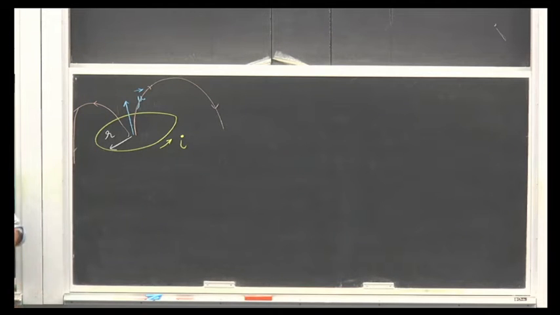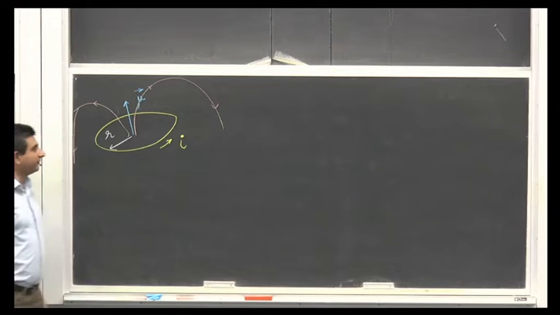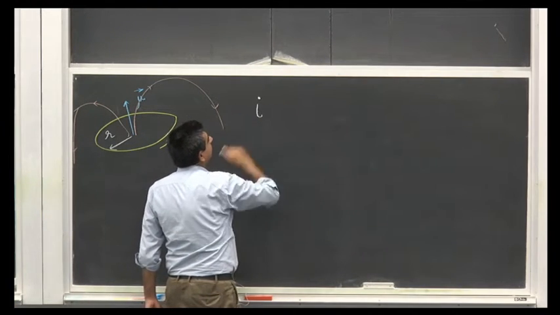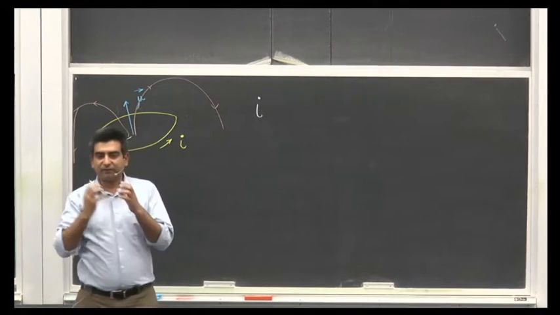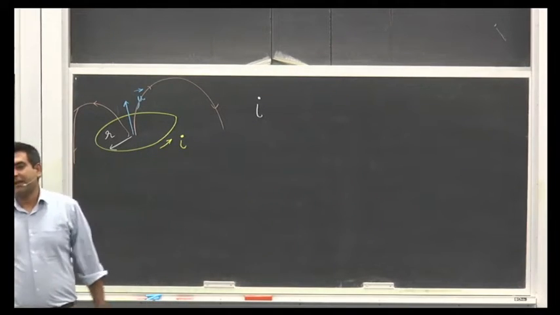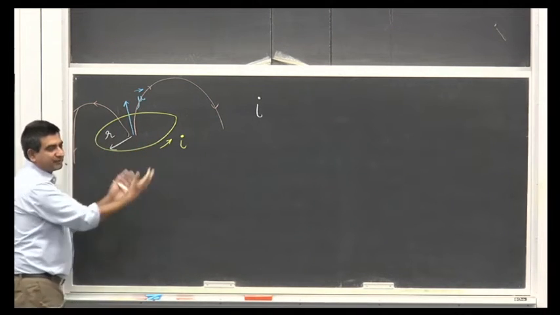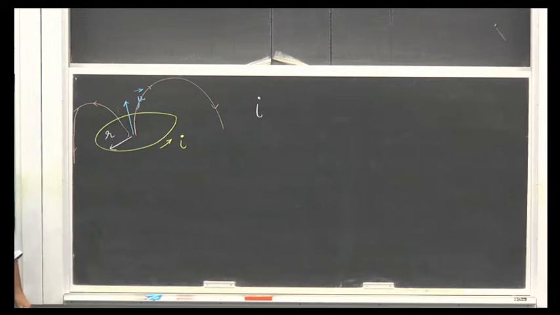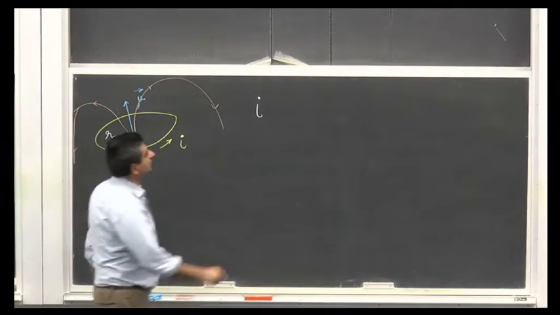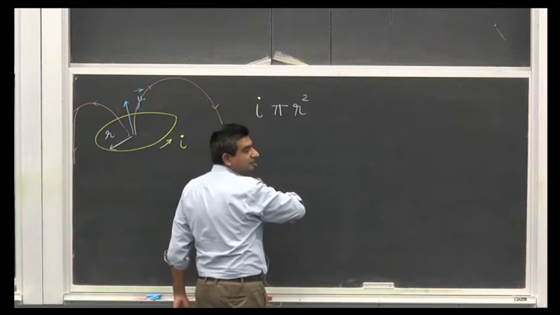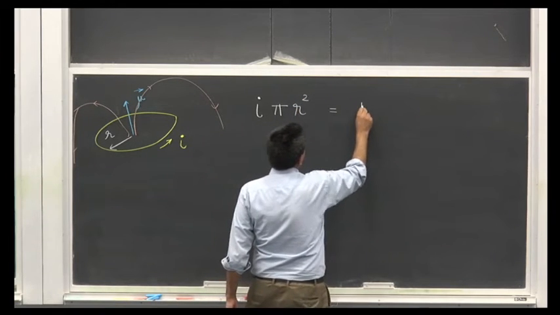And the relationship, which you learn in electricity and magnetism, which is your next course, hopefully, is that if I take the amount of current I and multiply it with the area of this loop, which is pi r squared, I get the magnetic moment.